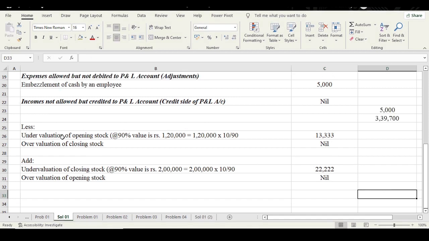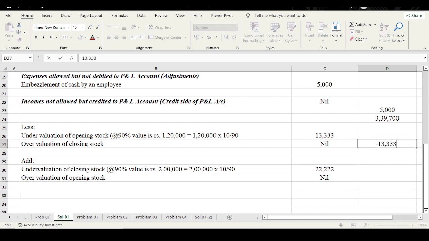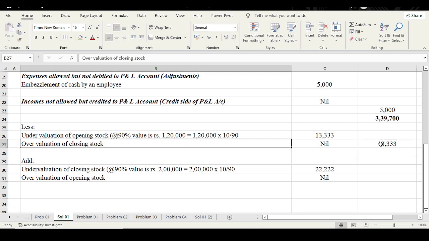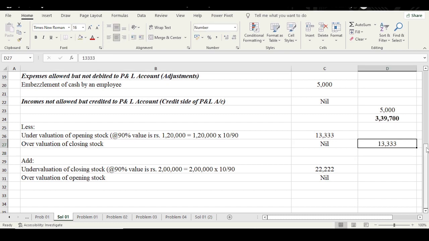So we are done with almost all the adjustments, including undervaluation of opening stock and closing stock. So let us quickly find out the total. So here it is 13,333. Now this 13,333 has to be deducted from 3,39,700. So that comes to 3,26,367.